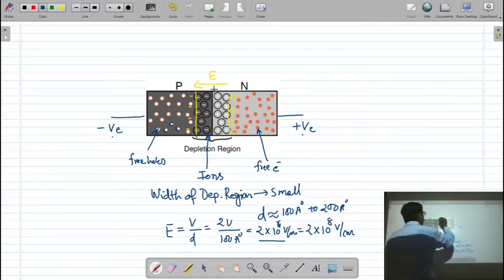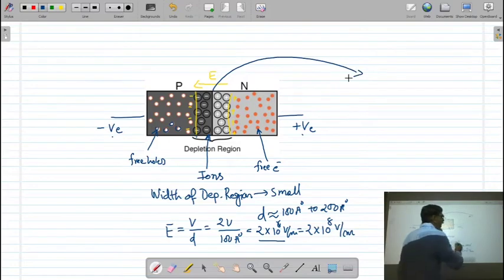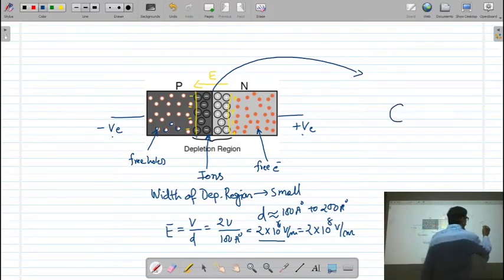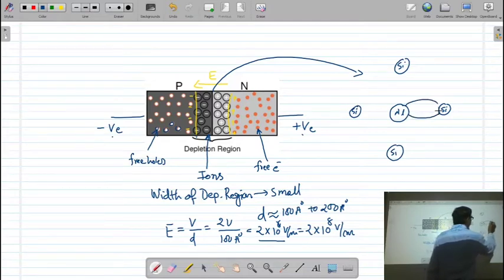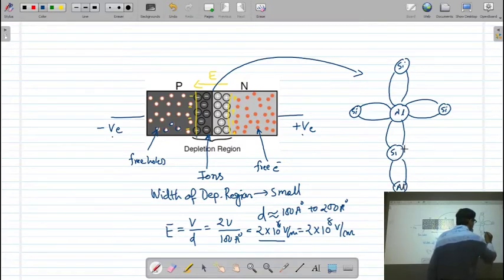Here in the depletion region, remember, we have these impurity ions, let us say aluminium, and then the silicon is there. Here the aluminum atom is making a covalent bond with the silicon. Here also it is making a covalent bond with the silicon, and then this silicon is making another covalent bond with this aluminum, and like this.